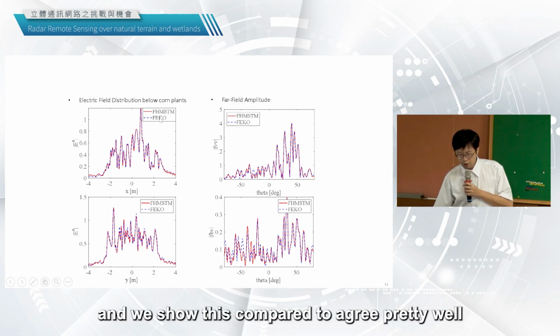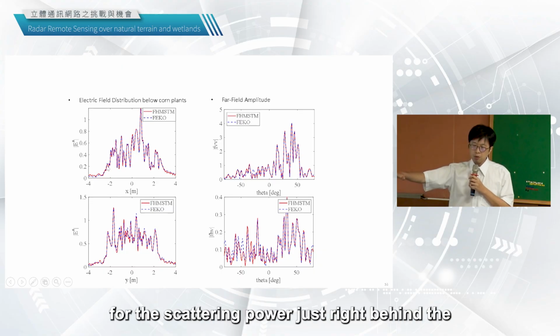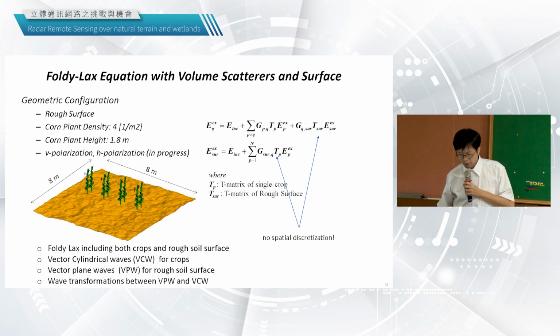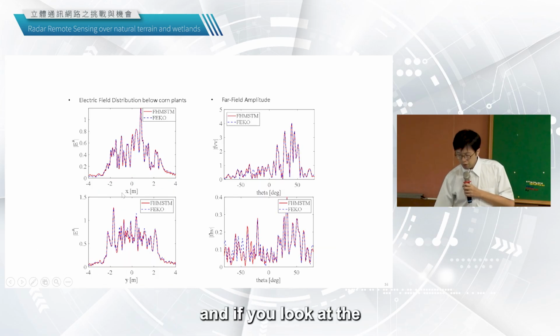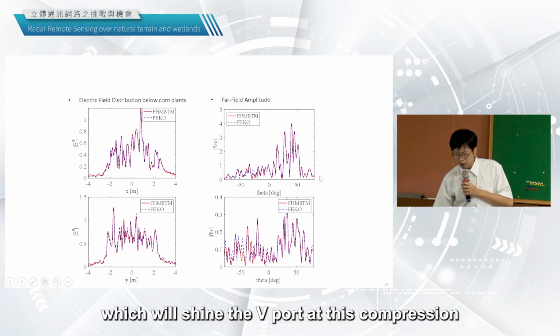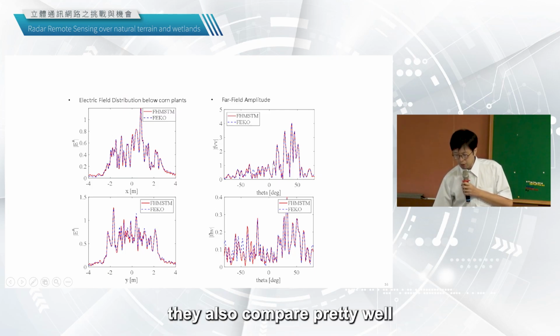We show that they agree pretty well for the scattering power just behind the cone plants, in between the surface and the cone plants. And if you look at the VV and HV polarizations, they also compare pretty well.